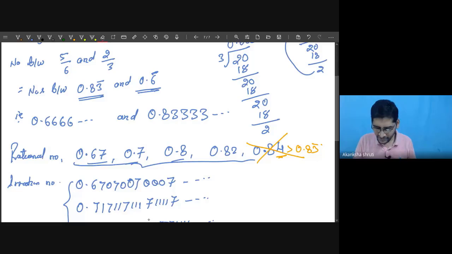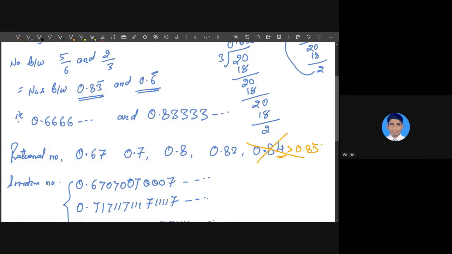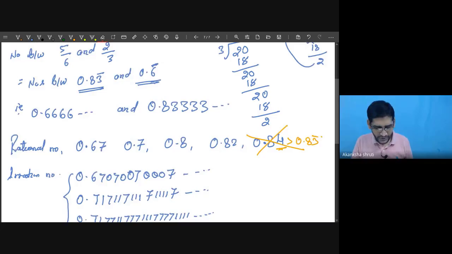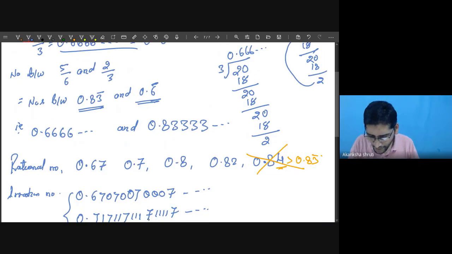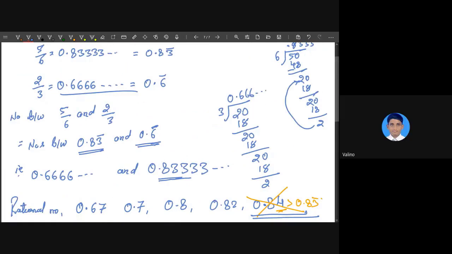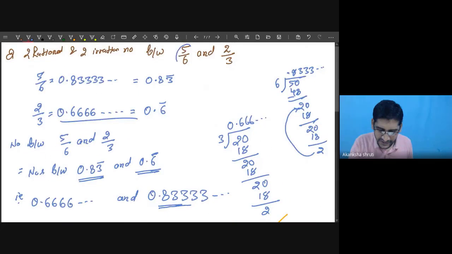Yes, tell me quickly. Sir, in that irrational number, we cannot take 0.7, no, sir, because 0.6 is last limit. No, student, here our last limit is 0.83. That's why we have rejected 0.84. But 0.71 is okay. It is lesser than 0.8, no? Not getting? 0.8 what, sir? That we have obtained from this 5 by 6. Observe it.